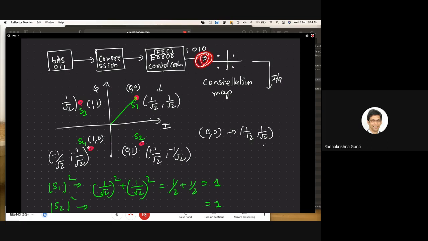They are just bits, which mean nothing. They are not voltages or anything. They're just logical numbers. At this point, we're mapping bits to some real values, in this case 1 by square root 2, 1 by square root 2, which can be thought of as voltages or currents.